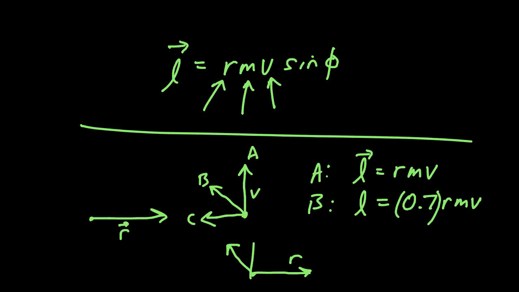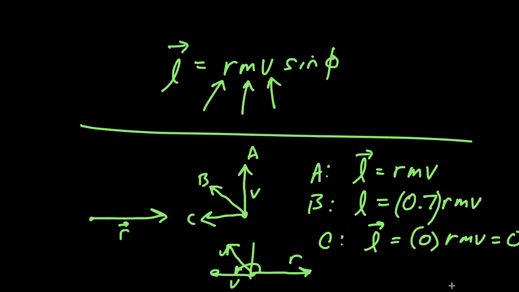In case C, what is our angular momentum? What's the angle? Well, here's our radius vector. Our velocity vector this time would be 180 degrees. The sine of 180 degrees is 0. So in case C, the object has no angular momentum. When an object is either going toward the center of rotation or away from the center of rotation, it has 0 times r m v, which is of course equal to 0.